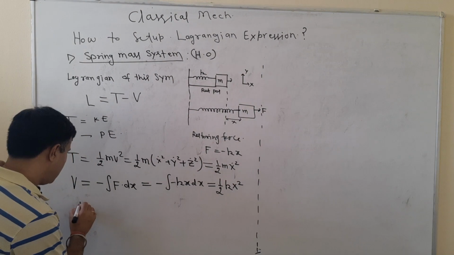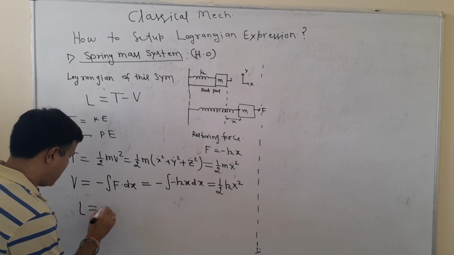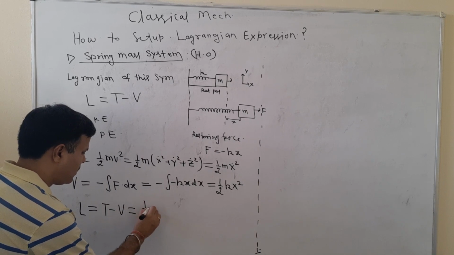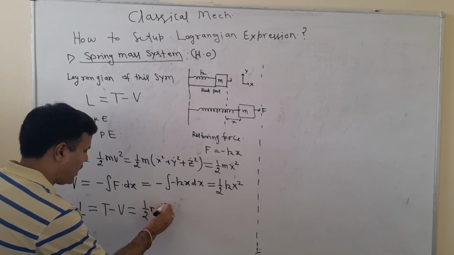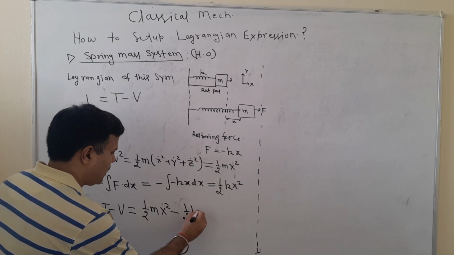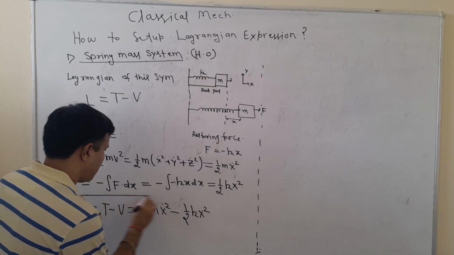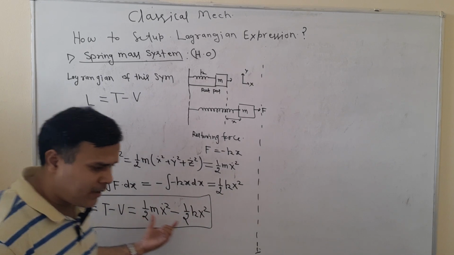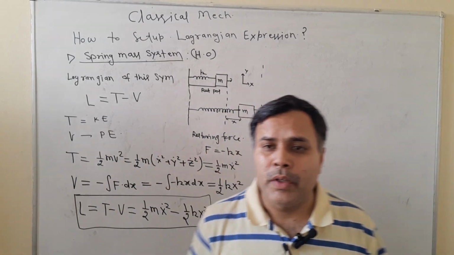Now L is simply T minus V, so 1 by 2 m x dot square minus 1 by 2 k x square. This is the general expression of the Lagrangian.